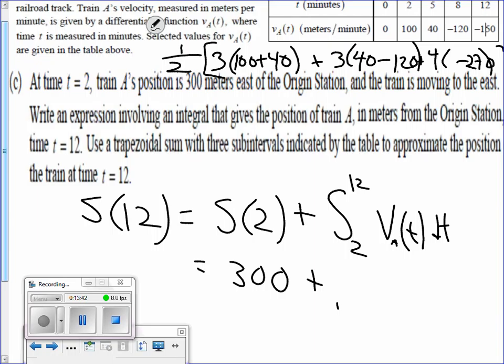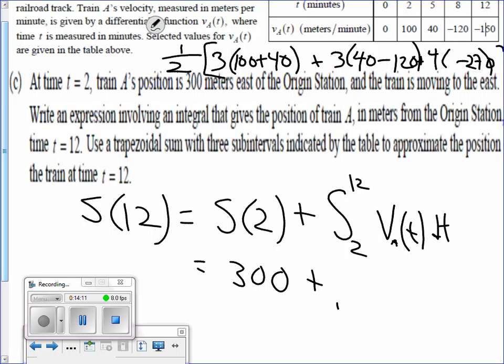I asked this person who was grading last year, and it's safer to leave it. No one's going to think badly of you or your family if you don't simplify it. So we're going to leave it today. But don't forget it's 300 plus that.